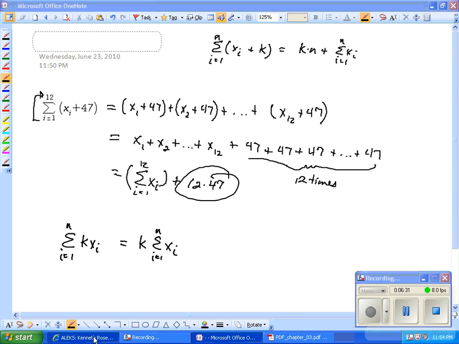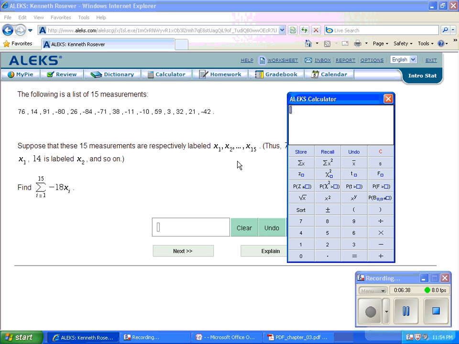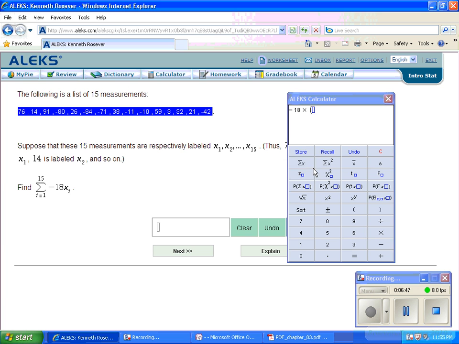So your answer here will be negative 18 times, I wonder if I can do parentheses. Ah, it won't let me do that. Okay, so let me clear this. I have these, I'm going to sum them, and I'm going to go times negative 18 equals negative 1,160.